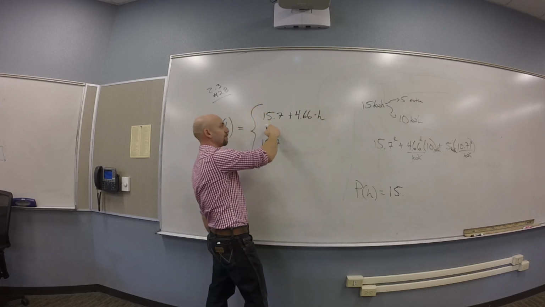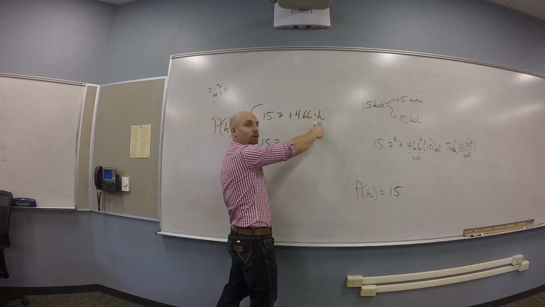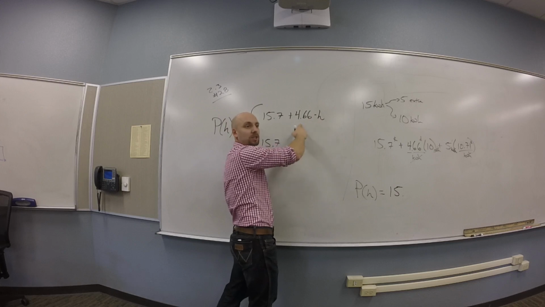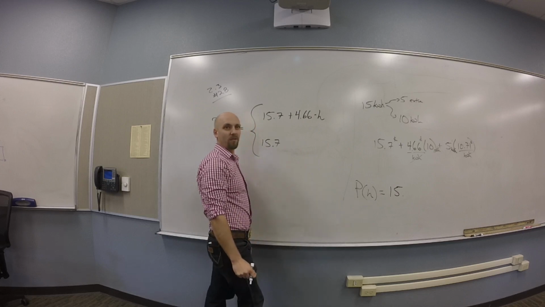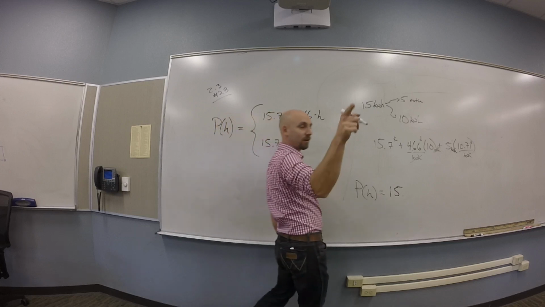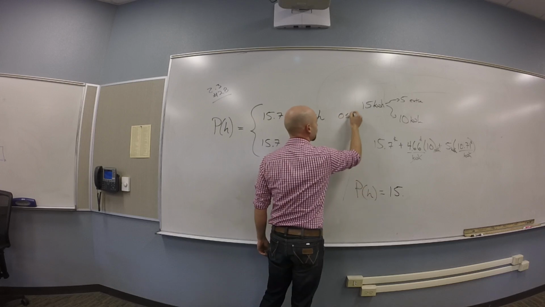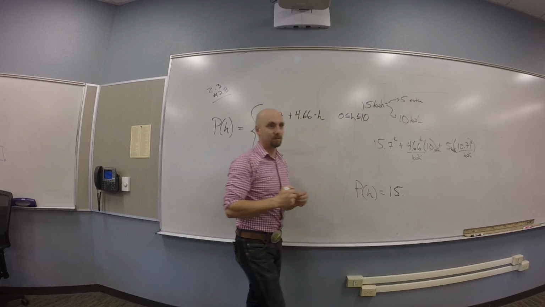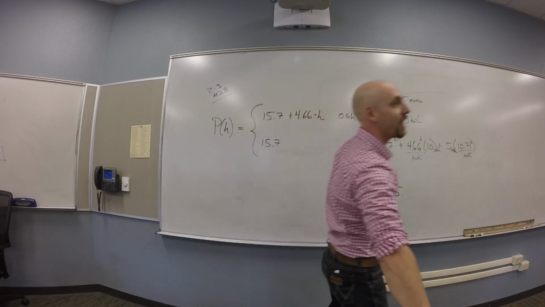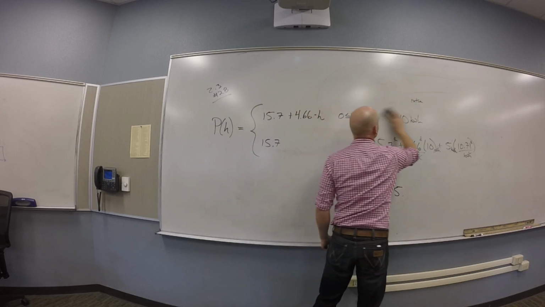So you got your daily rate plus the number of hours you got cheap times the cost of cheap hours. And then where do your H's live for that? Between 0 and 10. So when you say where it lives, you're asking for the domain. Yeah, I'm asking for the domain of that piece, right?